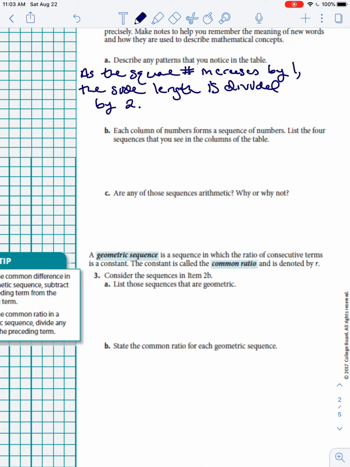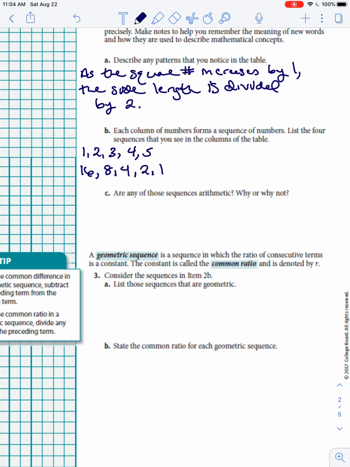So it says each column forms a sequence of numbers, and I'm going to list the 4 sequences so we can see that and we can look at each one of them. So in the first column, that was just the square number. So we saw that was 1, 2, 3, 4, and 5. And then the next one I saw was 16, 8, 4, 2, and 1.